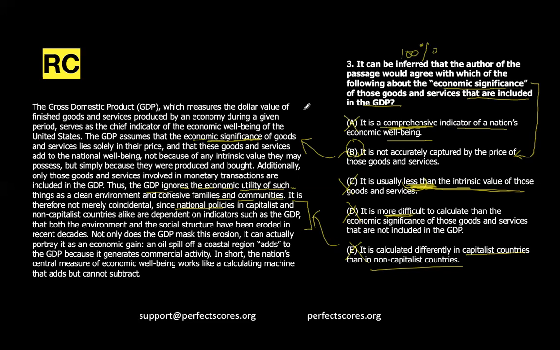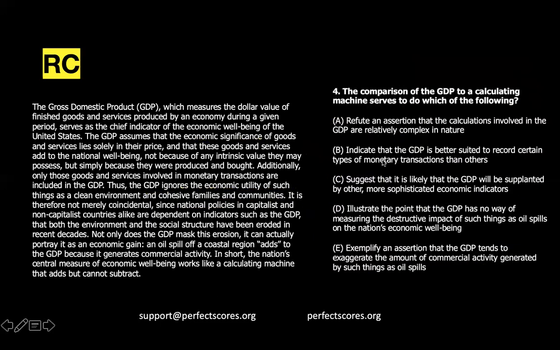So Priyanka, did you understand how B is the answer? Yeah, I just read it wrong. Right. Okay, all right, let's try the fourth question on this. Comparison of GDP to a calculating machine is given in the last sentence. Why is it given? Option A: refute an assertion that calculations involved in GDP are complex in nature.